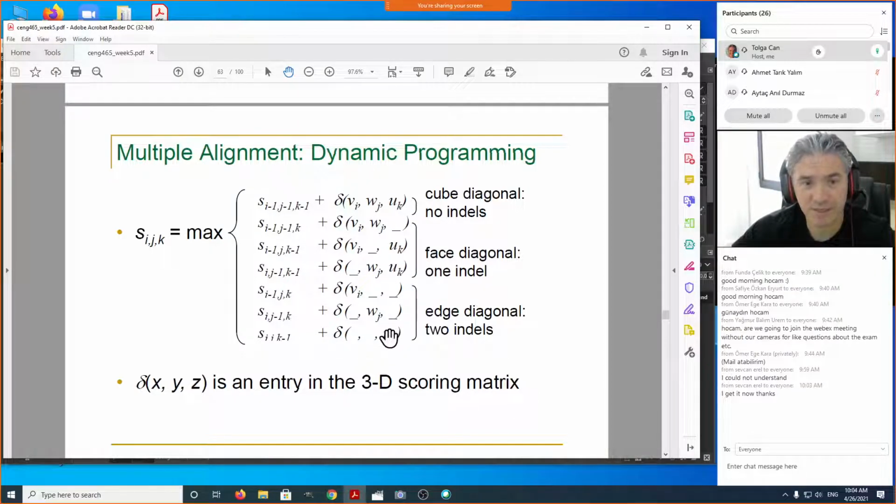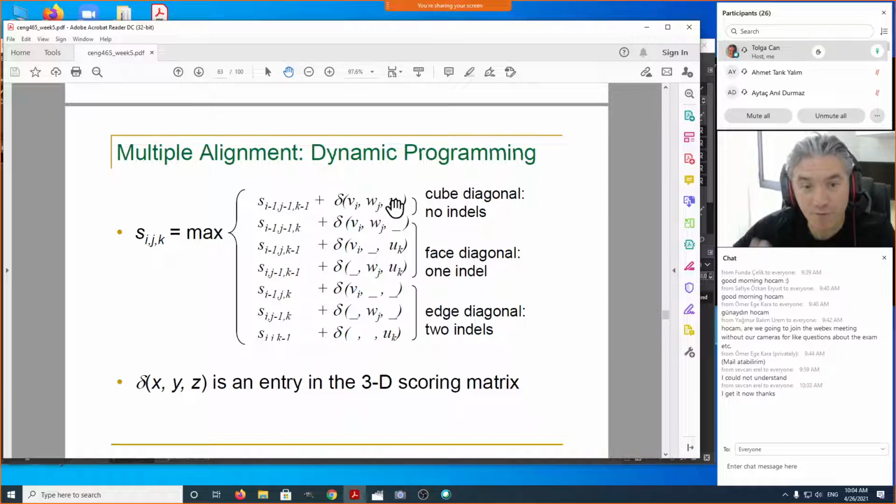It basically tells us the match score of matching v_i, w_j, and u_k. So this is a lookup to the BLOSUM62 table, or your match score or mismatch score. This time you just need to extend it to 3 things, and you can use that column score, the sum of pairs score that I mentioned, for just these 3 letters.